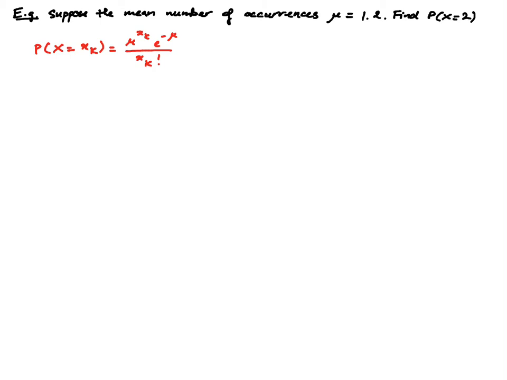So for this particular problem, we know that mu is 1.2 and xk is 2, because we're trying to find the probability that x is equal to 2. So the probability that x is equal to 2 is just going to be equal to 1.2 squared times e to the negative 1.2 divided by 2 factorial.